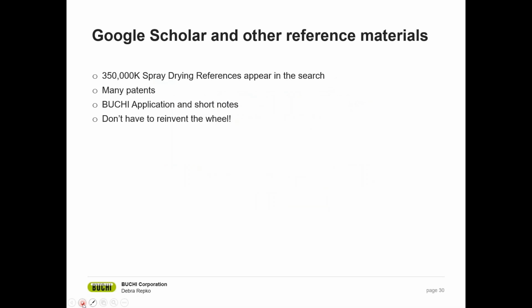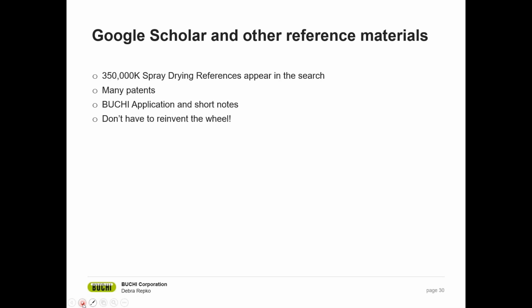One thing I always do, and I'm sure you do as well, Google Scholar has many, many spray drying references. I certainly did a quick Google search and came up with 35,000 references. There are many patents. We ourselves, Buchi has been doing spray drying for over 40 years.